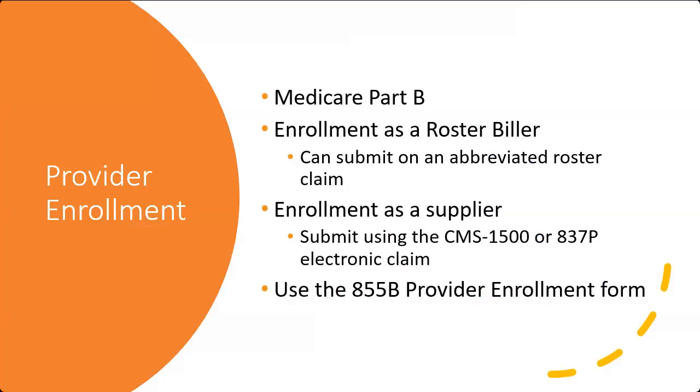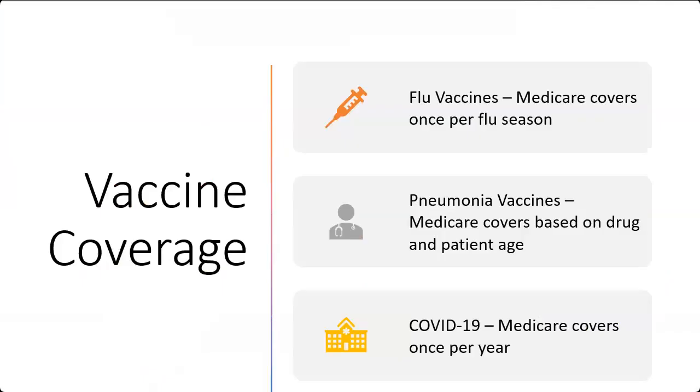Enrollment in Medicare Part B is required for the allowed services. This can include the Medicare preventive covered vaccines. Other types of vaccines, such as the Tdap, may be covered by Medicare under the patient's Medicare Part D plan. Medicare covers the flu vaccine once per flu season.